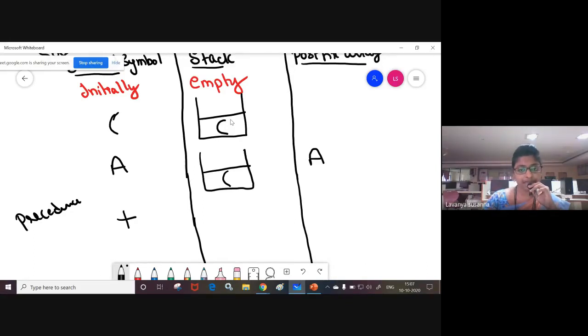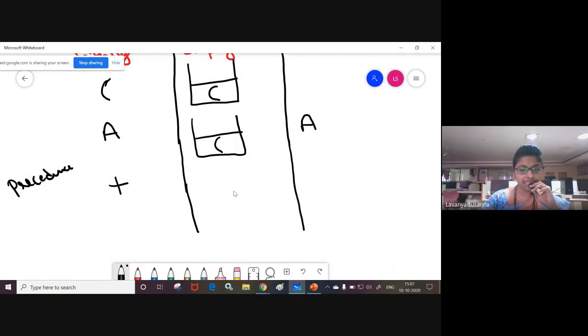Open bracket. If you get an open bracket, just simply push, don't compare. Remember students, if there is an open bracket in the stack, don't compare, just simply push the operator. Actually you need to compare, but here there is an open bracket, so just push it and write down A as it is.